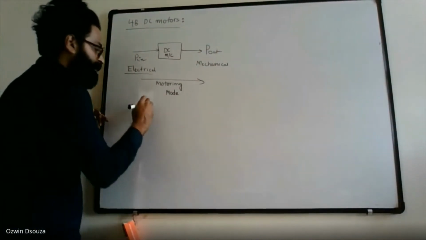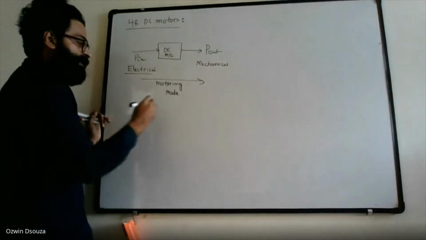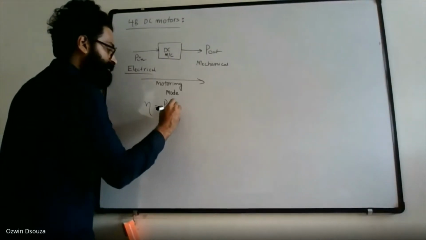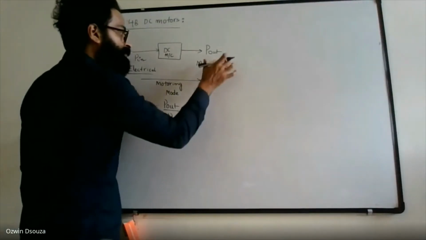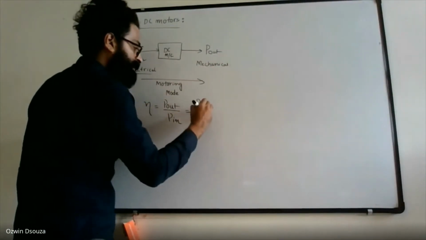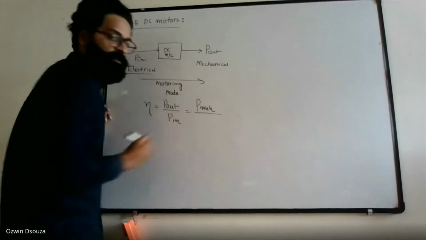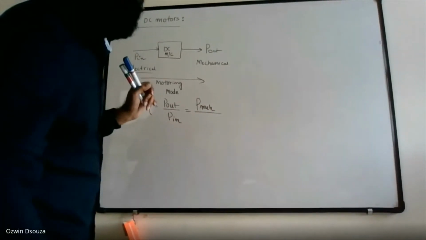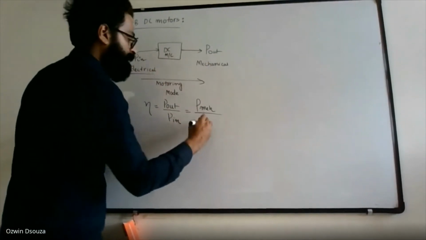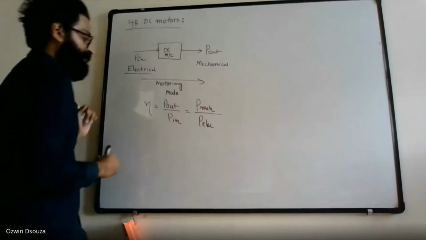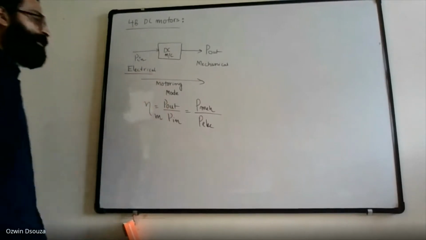So for a motor, the efficiency eta can be defined as P out by P in. P out is mechanical, so P mechanical is your power output, and P in is nothing but electrical. So this is your motor efficiency.